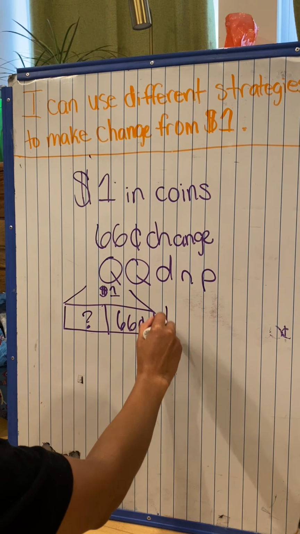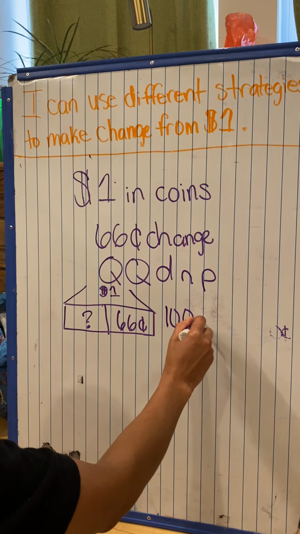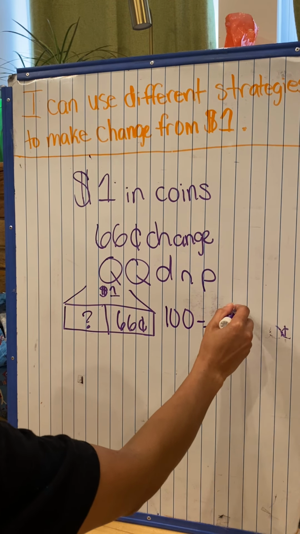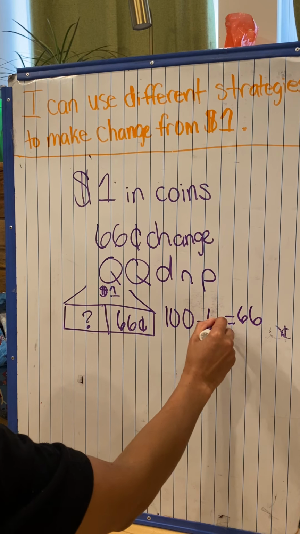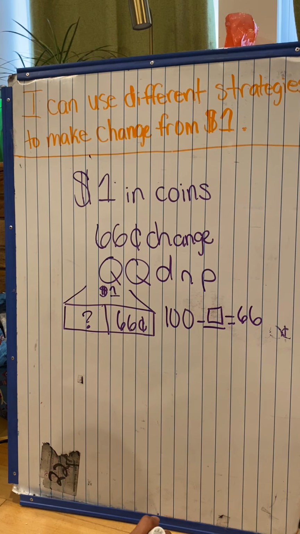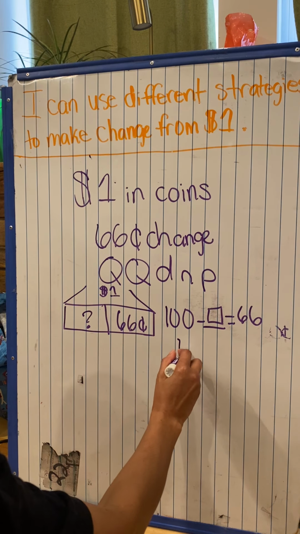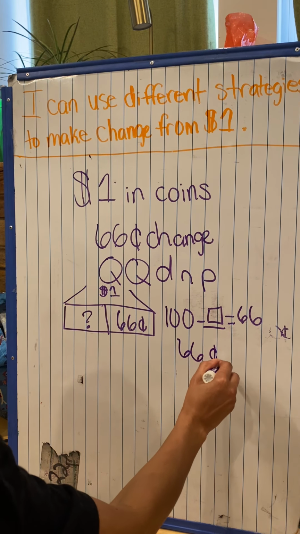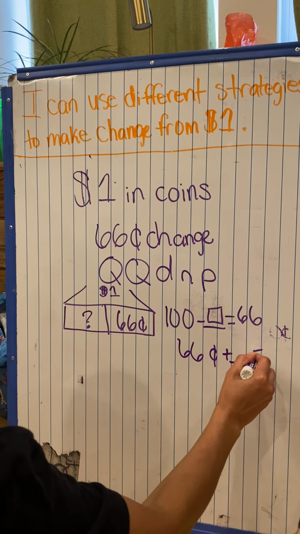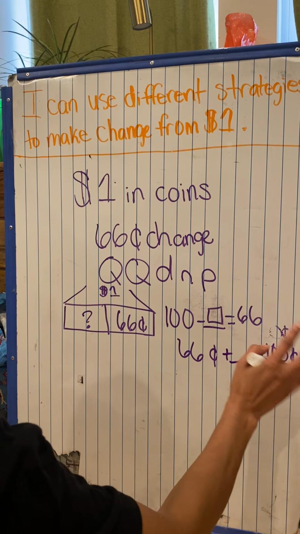We can write our number sentences. 100 minus blank equals 66 because we don't know how much she spent. Or, yep, you could say 66 cents plus blank equals 100 cents.